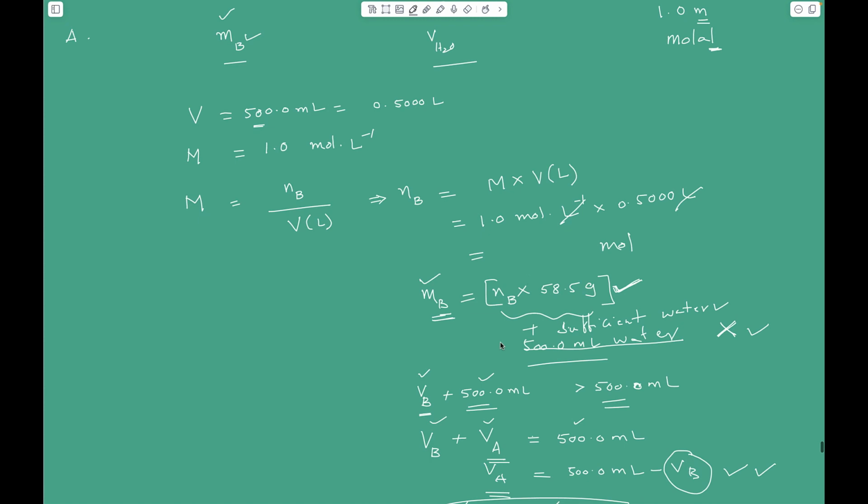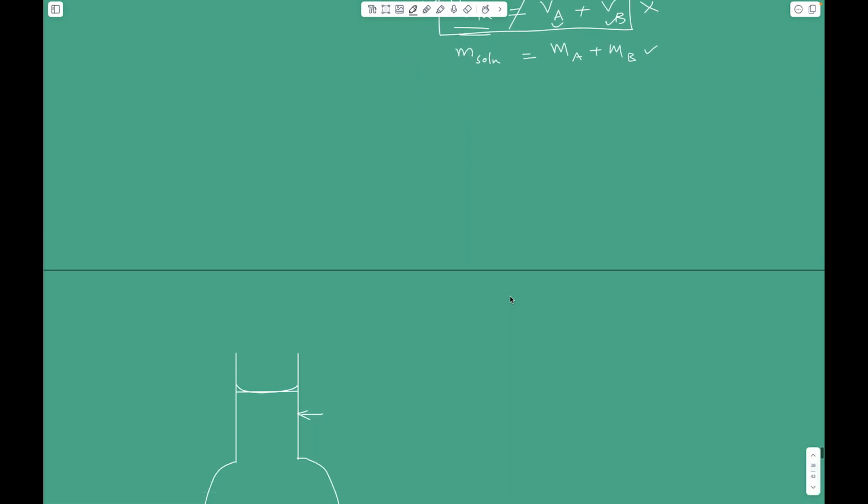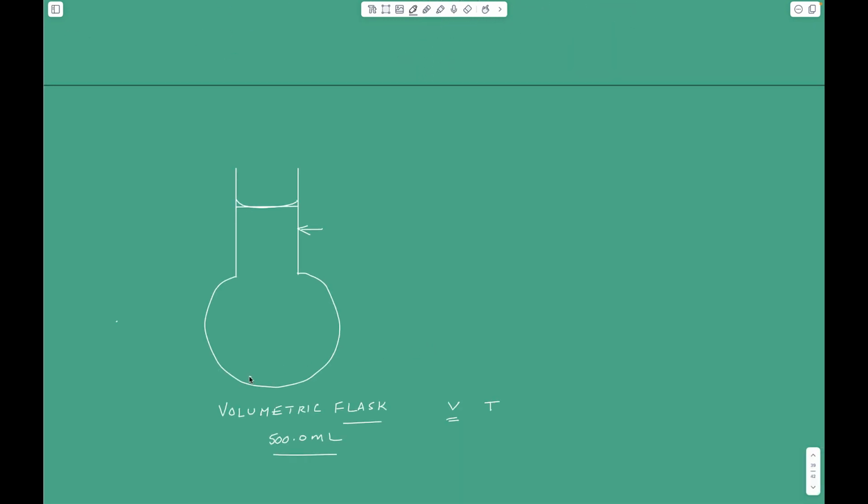So take that many grams of sodium chloride and place it in an empty volumetric flask, and then start adding water in small amounts until all the sodium chloride has completely dissolved. After that, keep adding more and more water until the water level reaches this marking.